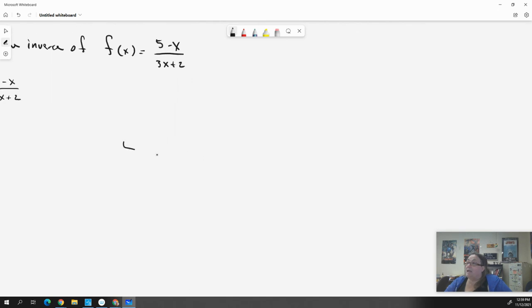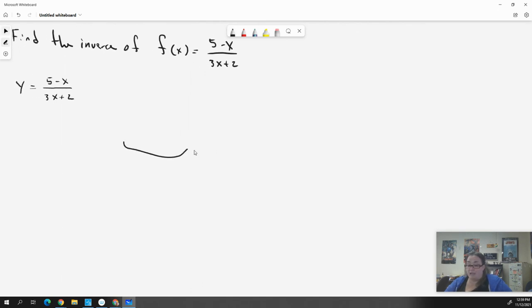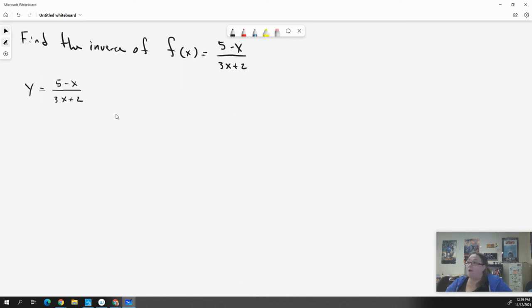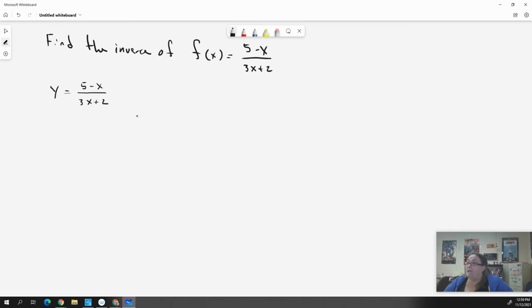That means everywhere that I have an x, I'm going to put y, and everywhere I have a y, I'm going to put x. So I'm going to go x equals 5 minus y over 3y plus 2. And I'm going to solve this entire thing for y.